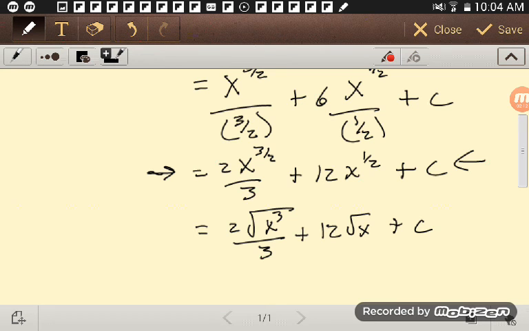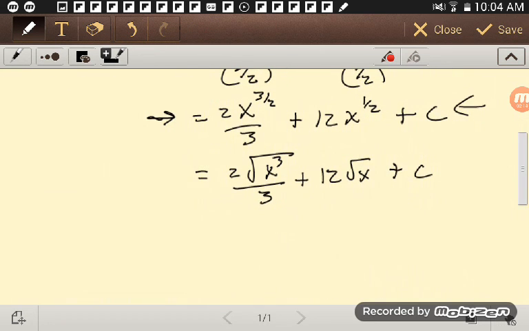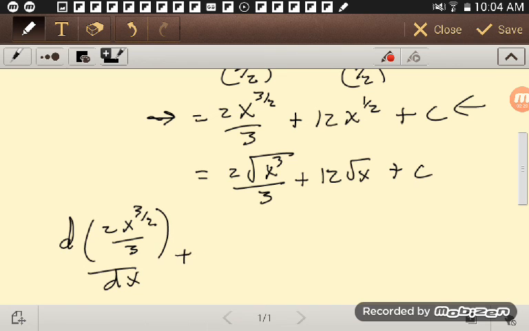Now, if we take that thing's derivative to check our answer, right, so I need the derivative of 2x to the 3/2 over 3 with respect to x plus the derivative of 12x to the 1/2 with respect to x plus the derivative of a constant with respect to x.